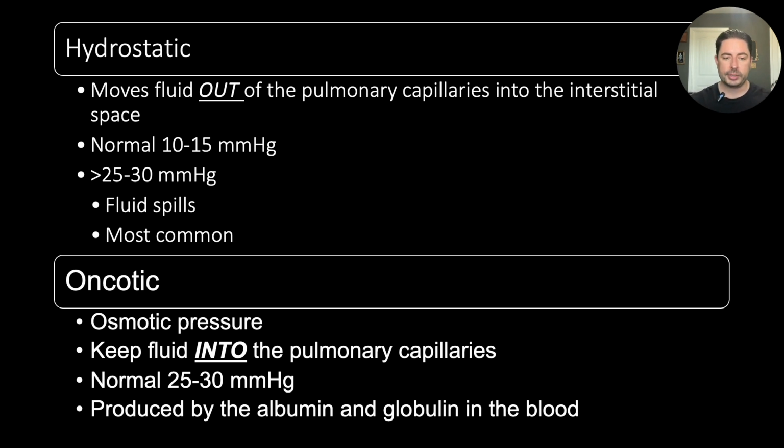Your normal pressure for oncotic pressure is 25 to 30 millimeters of mercury. And what's crazy is this is produced by the albumin and the globulin in the blood.